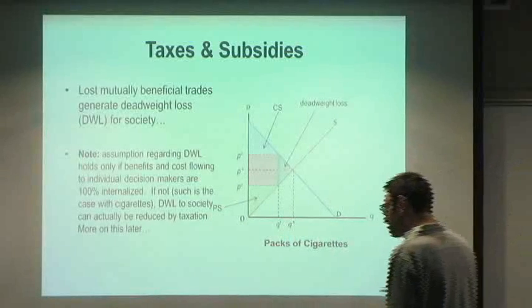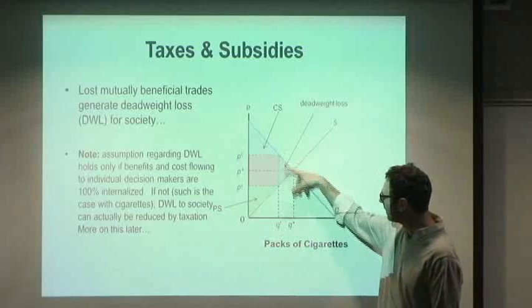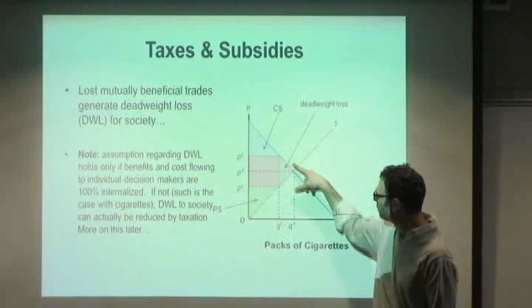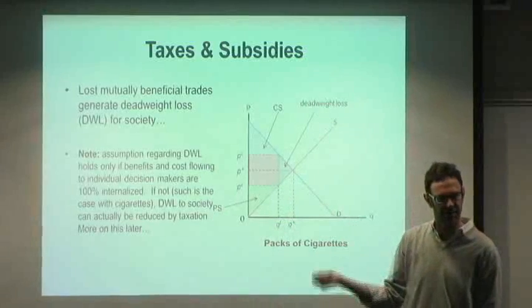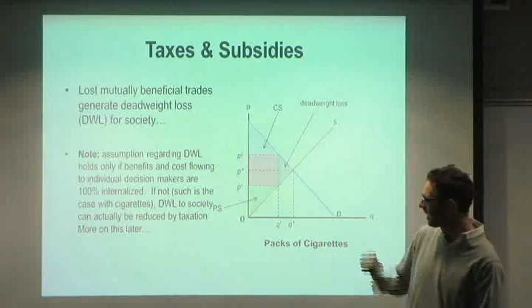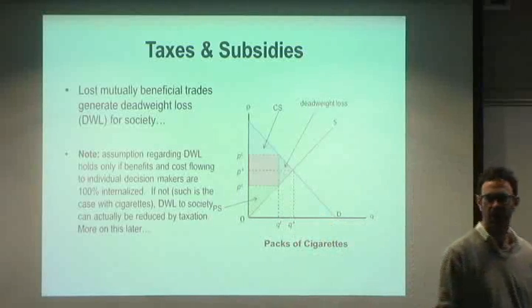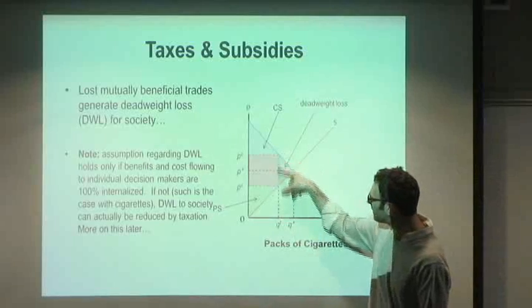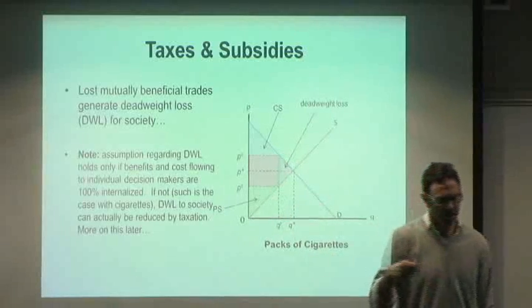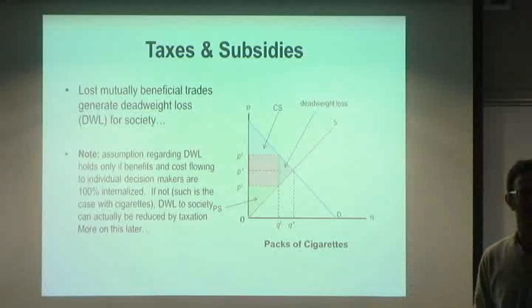So, presumably, pre-tax, there is a price in between, okay, this blue and red line that buyer and seller can agree on that will make them both better off for these transactions. But because of the tax, these transactions don't actually occur. So, think of this gray shaded box as what we call a deadweight loss to society due to lost gains from trade.